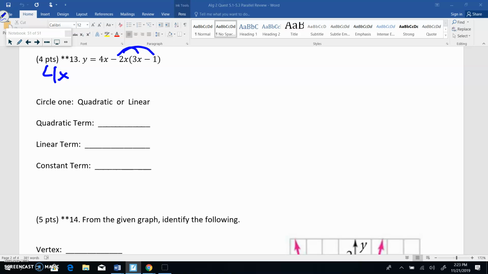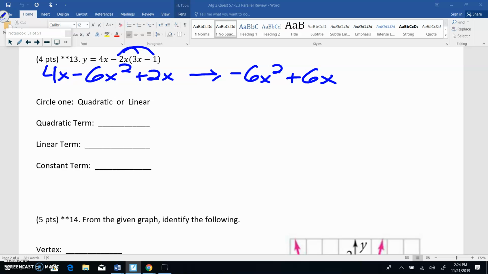All right, -2x times 3x is not positive. It is -6x squared. And then I have -2x times -1 is a positive 2x. From there, combine your like terms. So I believe this looks like -6x squared plus 6x.